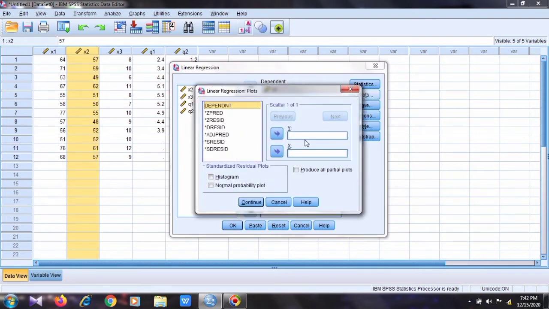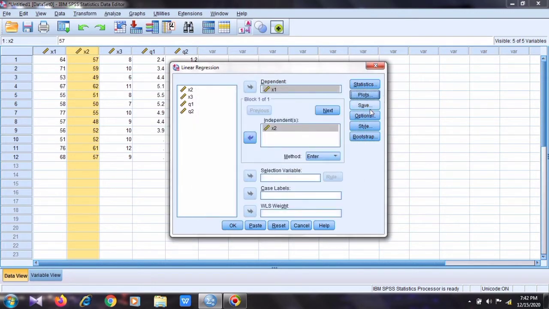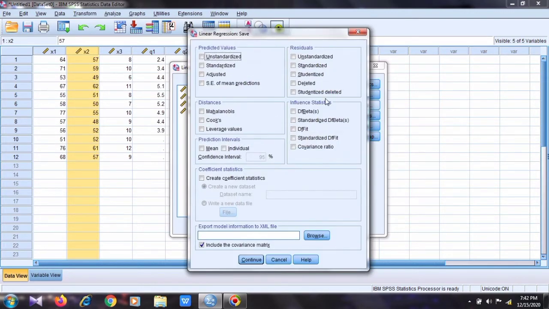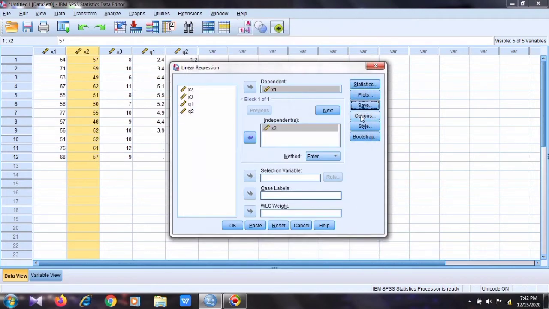This is Plot, so if you are interested you can give this plot also. It will be like ZPRED on the x-axis and ZRESID on the y-axis. Okay, it's a standardized residual plot. On Save there is nothing much.